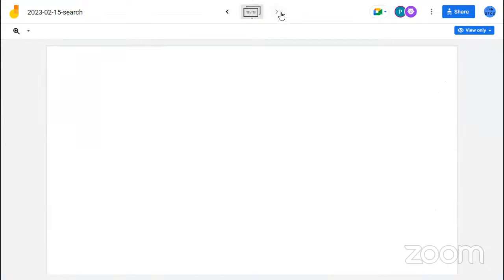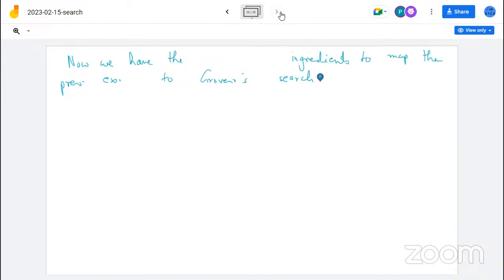So now we have the ingredients to map, so almost have to map the previous size to global search, in the notation there.